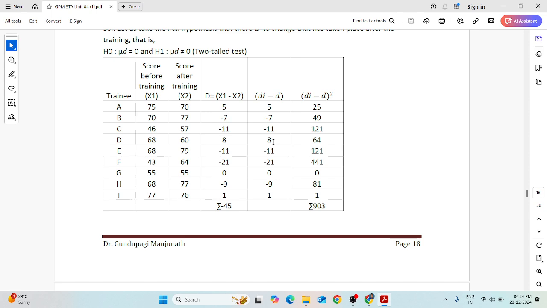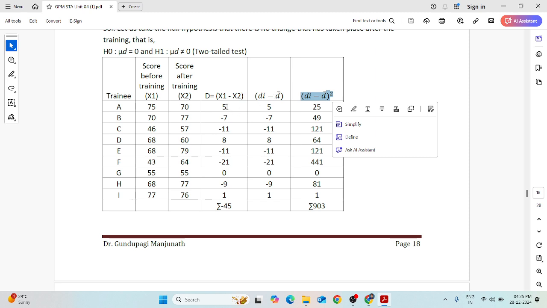There is some mistake in this problem. Okay, anyhow, if I go through di minus d mean whole square, d is equal to x1 minus x2. So this will be the di minus d mean.